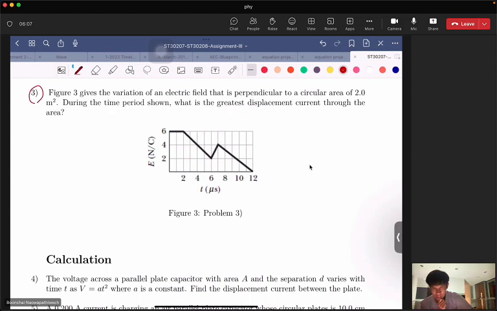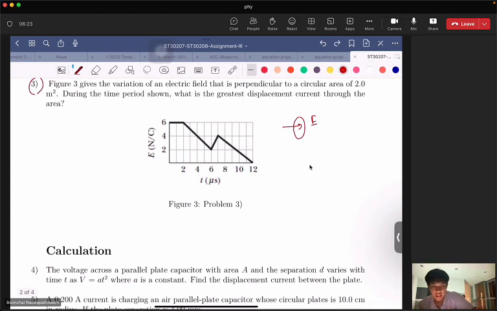So here is the variation of electric field perpendicular to an area. What is the greatest displacement current? Just as I said, displacement current is perpendicular to the direction of dE by dt.